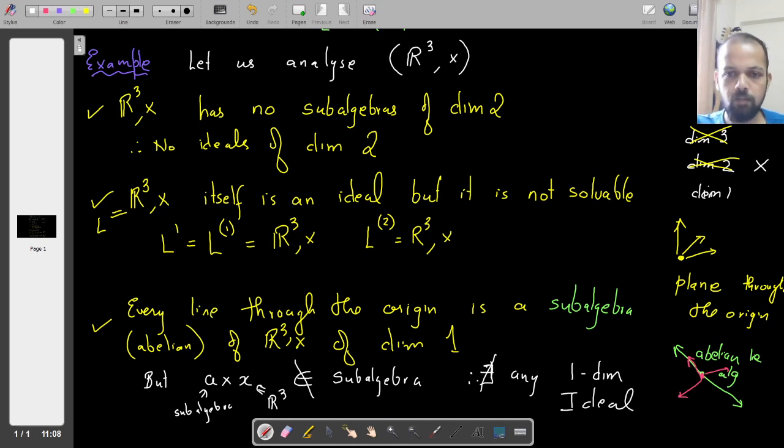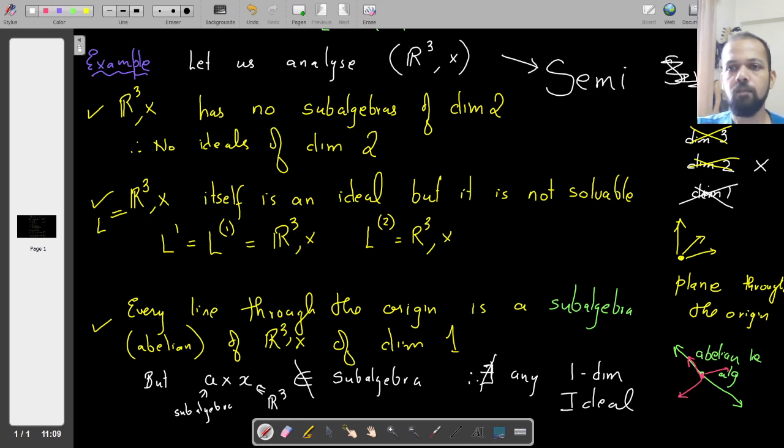So there are sub algebras of dimension 1, but they are not ideals, and therefore the dimension 1 case is also ruled out. So hence the only ideal that will be solvable is dimension 0, and therefore R3 with cross product is semi-simple.